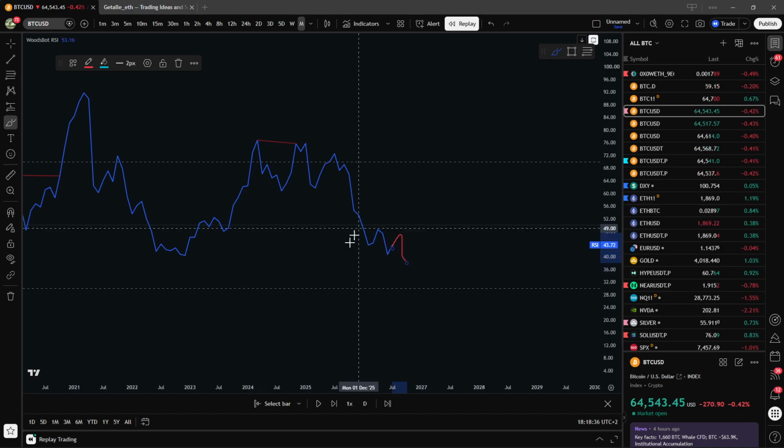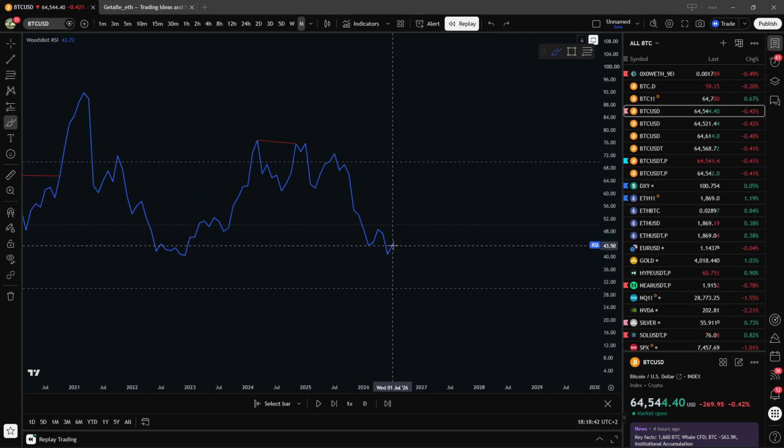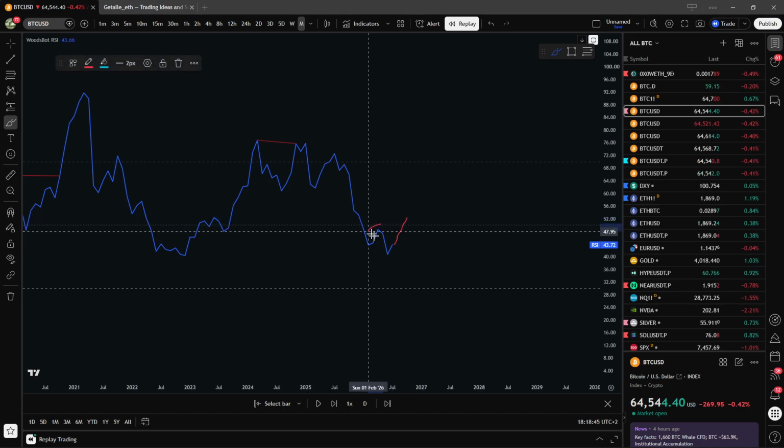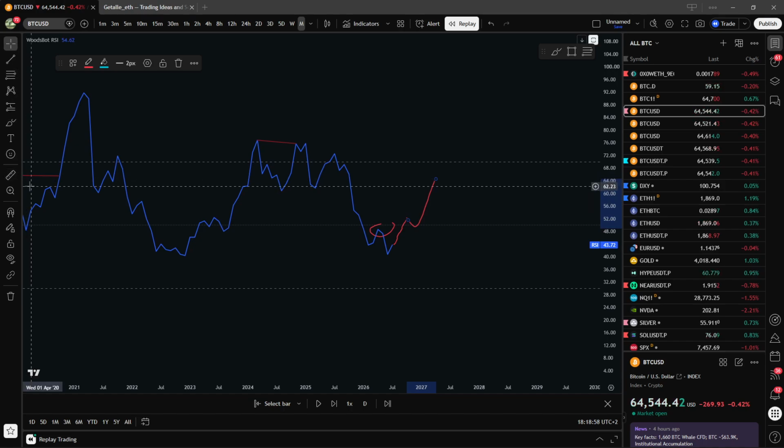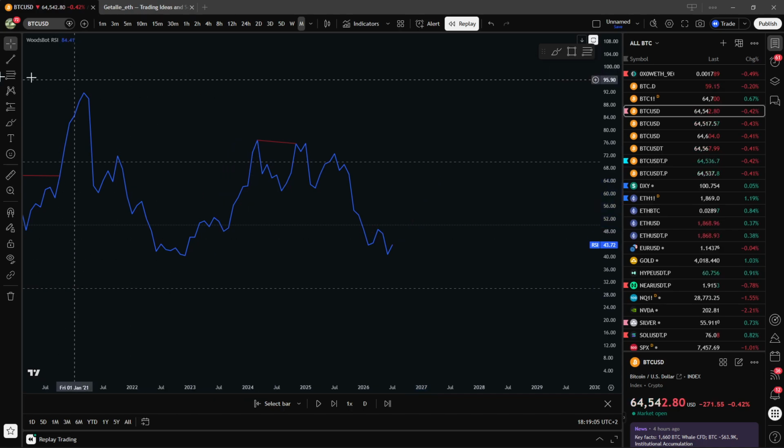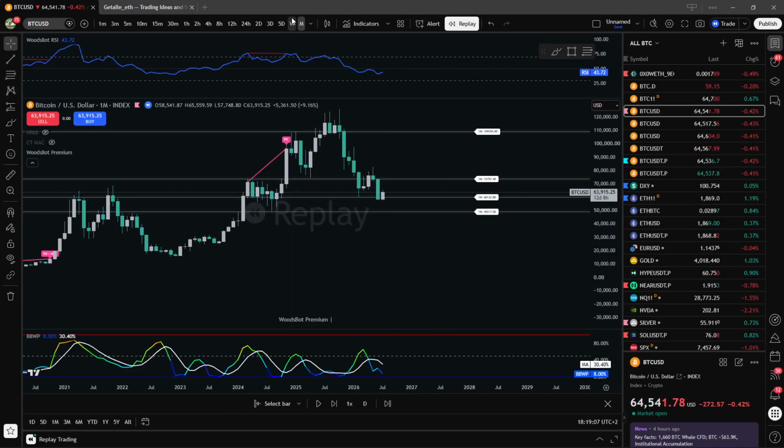This is not a bullish structure on the RSI, but if the RSI actually closes above this high and the 50 mark, then it's game on, and this was the bottom. But as long as there's no bullish signal for me on the monthly time frame, it's hard to say with 100% certainty that this is going to be the bottom.